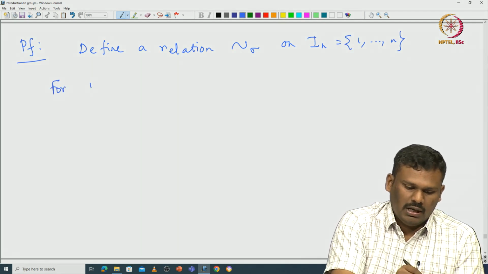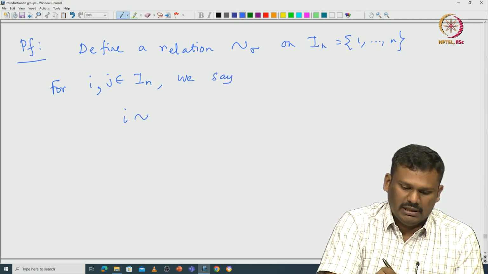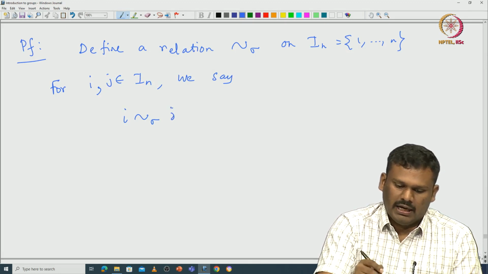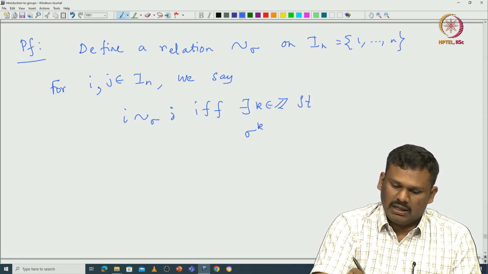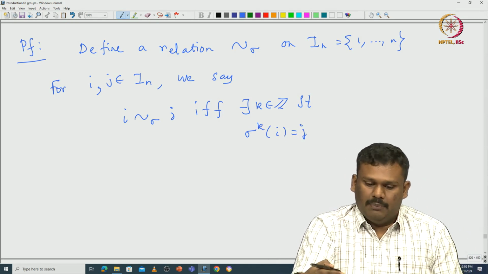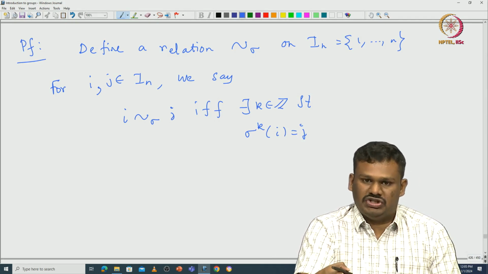For i, j in I_n, we say i and j are related under tilde sigma if and only if there exists k in Z such that sigma to the power k of i equals j. So, we want to say that by applying some power of sigma on i, you will get j.